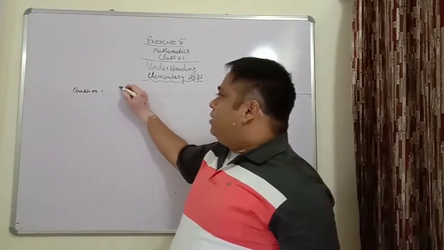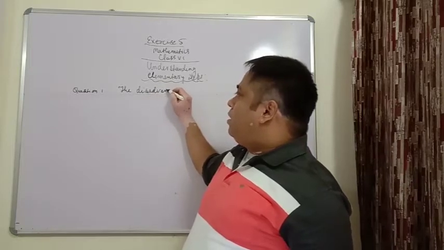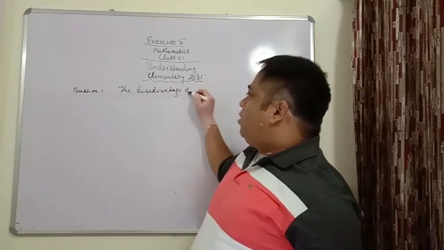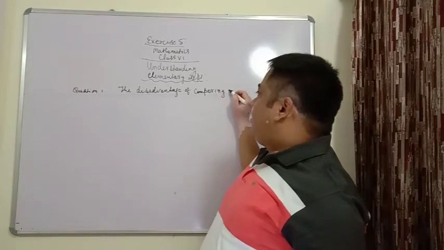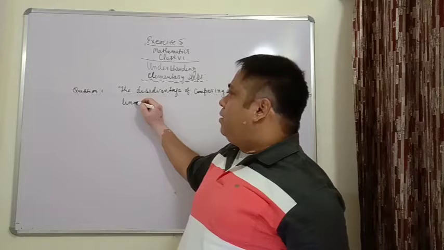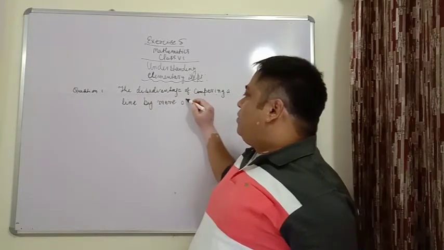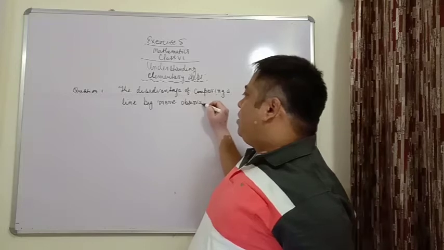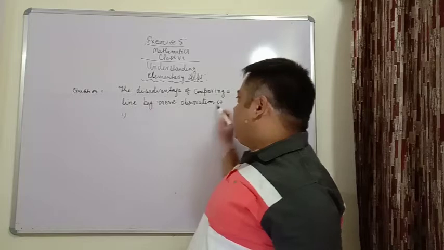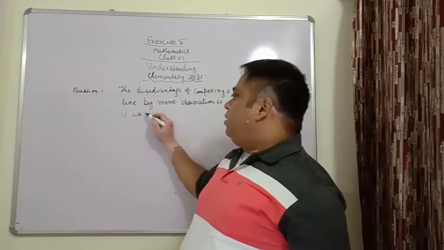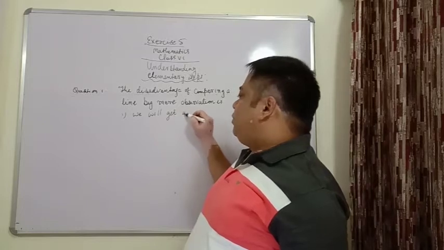So, we will write the disadvantage of comparing a line by mere observation is, first, we will get approximate value.